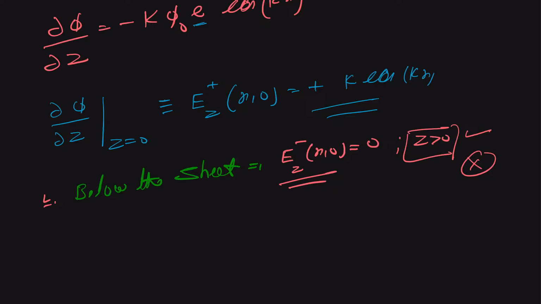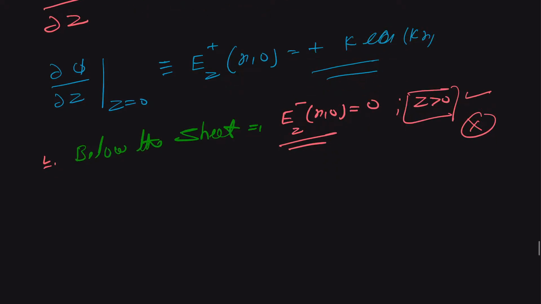So it means above the sheet the electric field is having some value, below the sheet is having a different value, that is 0. So therefore we can say there is some kind of jump in the electric field.